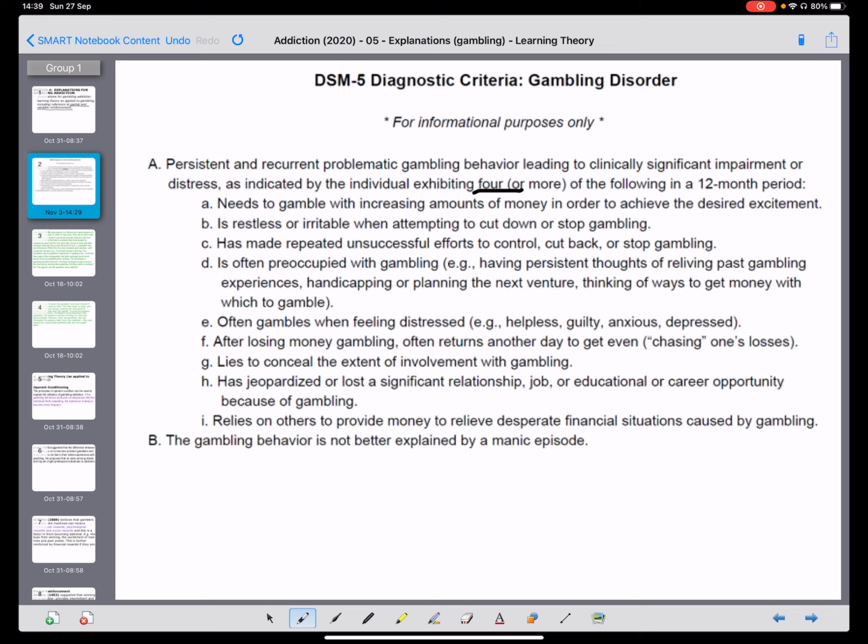For the first three, quite a lot is linked to any generic form of addiction, so things like increasing the amounts of gambling, that's certainly related to tolerance, dependence, and relapse. But what we're talking about by gambling addiction is something a bit more serious than the casual gambler or even the regular gambler.